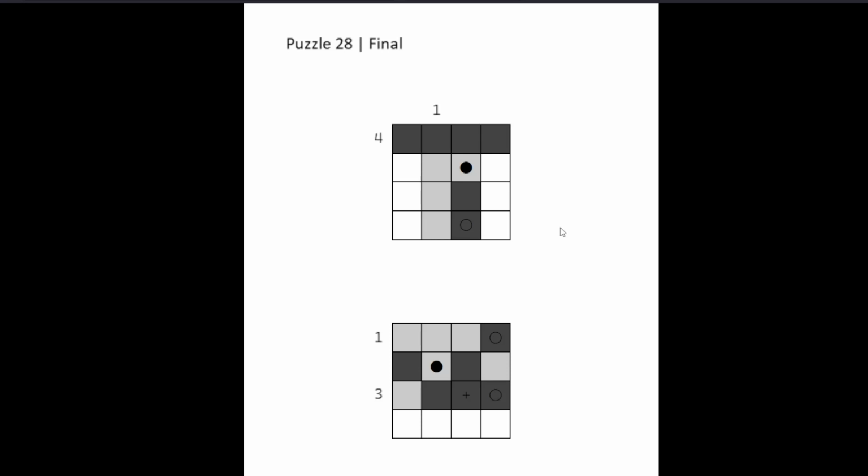Hmm, yeah. When I tried a black path down here, that's where things went wrong. That really boxes stuff in. Does it though? Yeah, it does, because if I go down here, this is forced to be white. So then this is forced to be black, and then this is completely stuck.